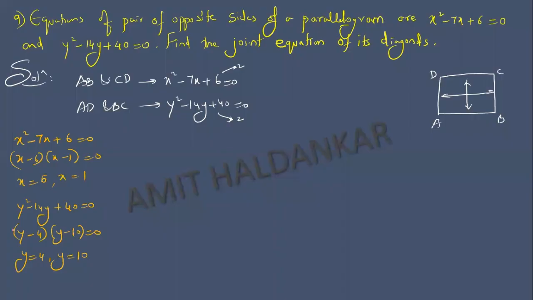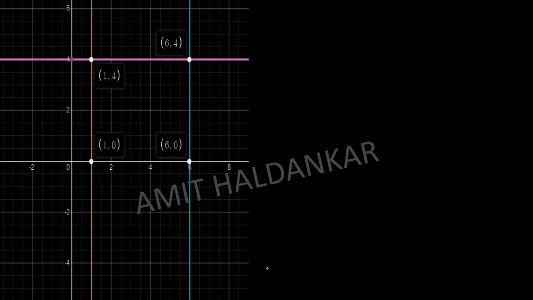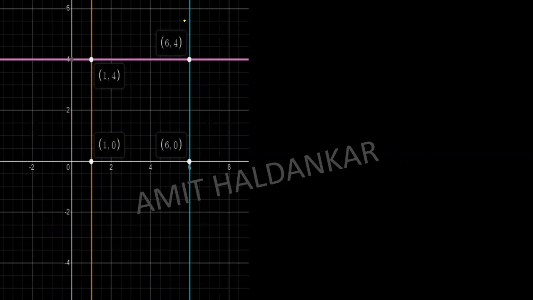Now let's plot this on a graph. As you can see, this line over here is x is equal to 6. This line over here is x is equal to 1.